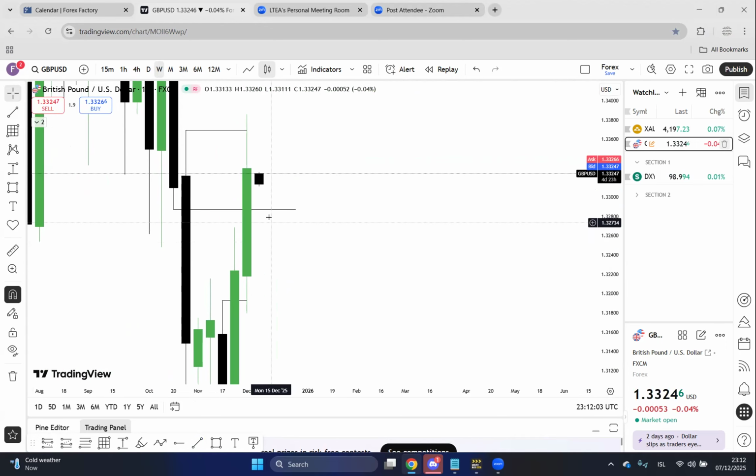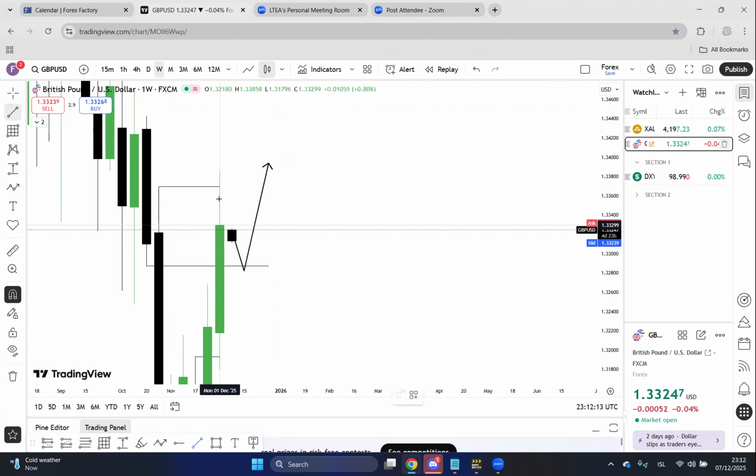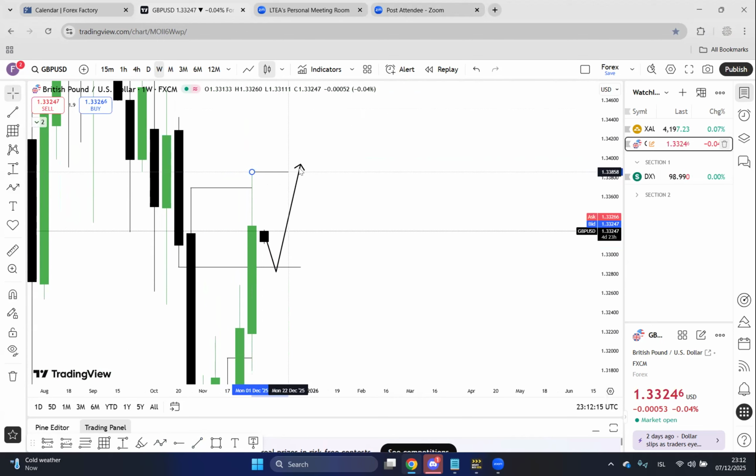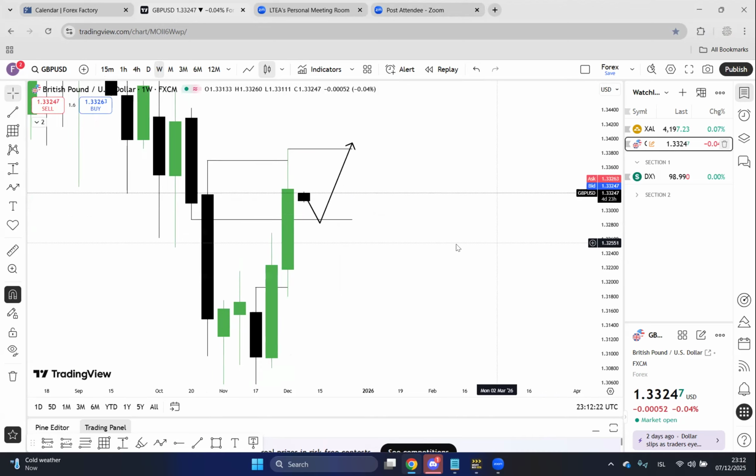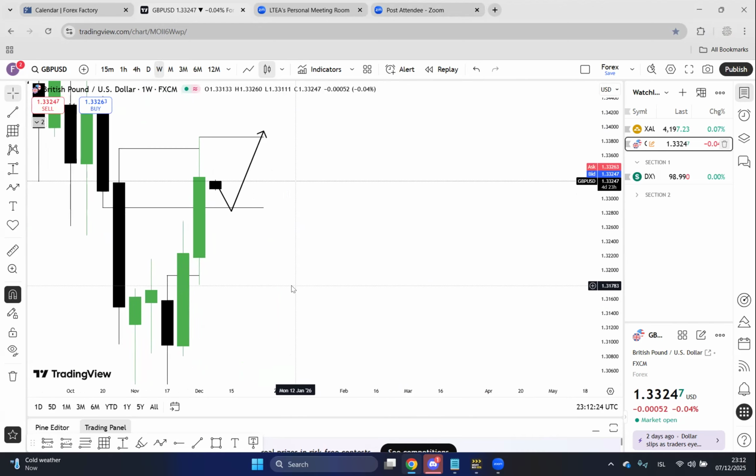Should price come into this inversion fair value gap and create some kind of inefficiency right here a little bit, like this, and keep on going. Remember, this is the previous week high. This is our next liquidity target. From where are we going to take this price action?